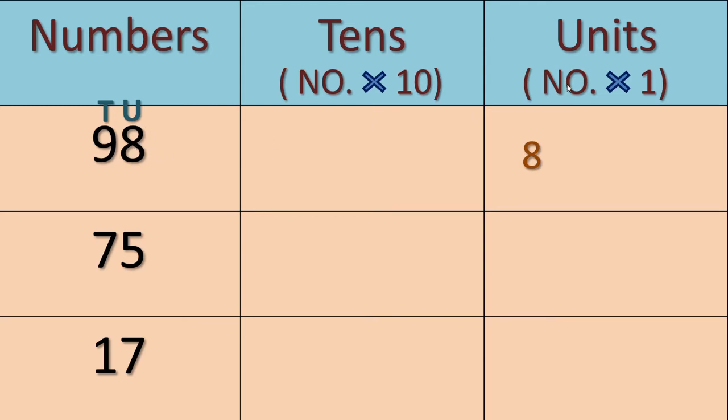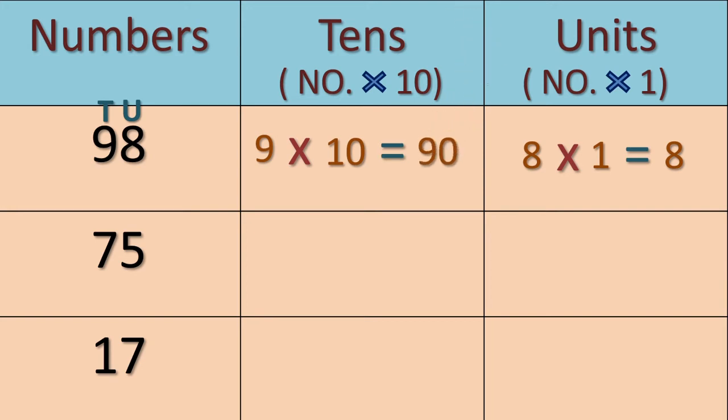Okay, this 8 multiplied by 1 because this is in unit place. Single, correct? So 8 ones are 8. Okay, now we will move towards 9, that is in tens place. So here it is given number multiplied by 10. So 9 multiplied by 10. How much? 9 tens are 90. Right?